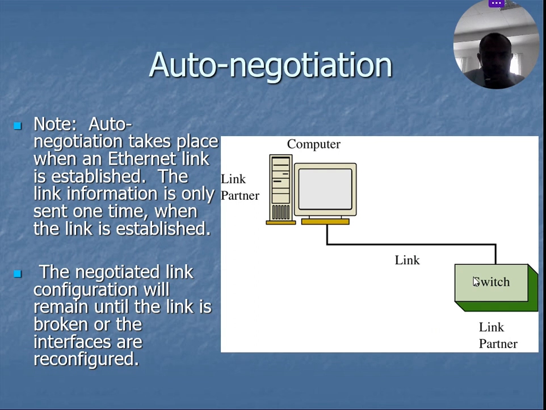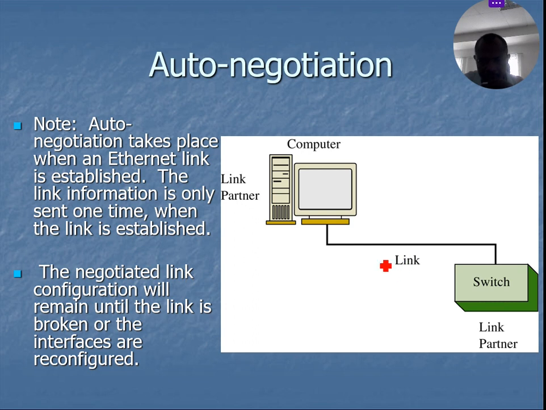So auto negotiation takes place when an Ethernet link is established. When the link is already established, then we can say auto negotiation has just taken place. If a link is never established between two devices, then there is never auto negotiation.